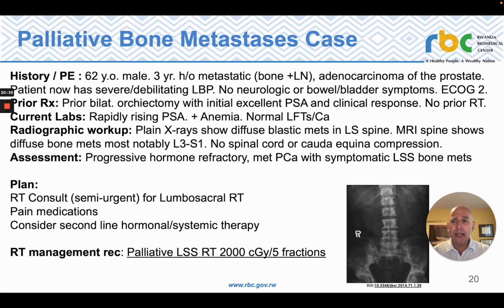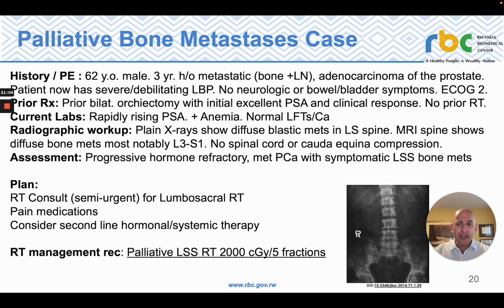His MRI demonstrates diffuse bone metastasis, most notably from L3 to S1. There's no spinal cord or cauda equina compression seen, and the assessment made by his doctors is that this unfortunate gentleman has progressive hormone refractory metastatic prostate cancer with symptomatic lumbosacral spine bone metastasis.